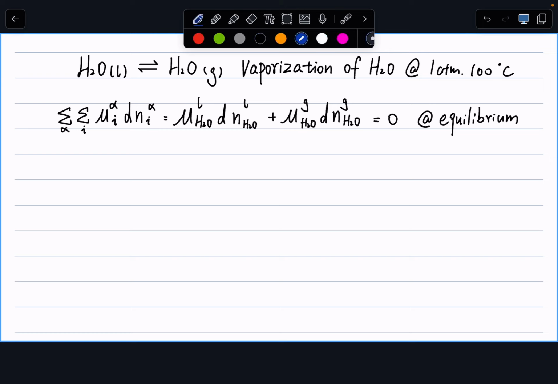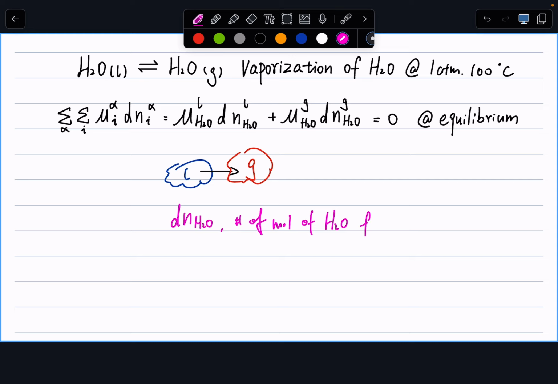So let's imagine this one. Let me just draw it out. It might be easier. So we have liquid going to gas. Right, so in this process, let me define a new term called dnH2O. It is a positive number that represents the number of moles of H2O flowed from liquid to gas. Right, so we define it to be a positive number.